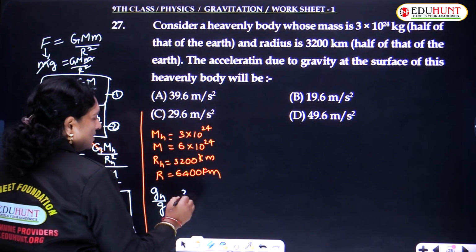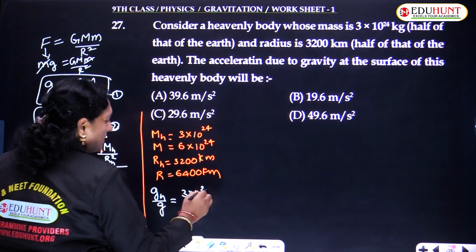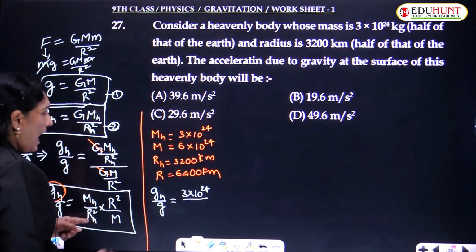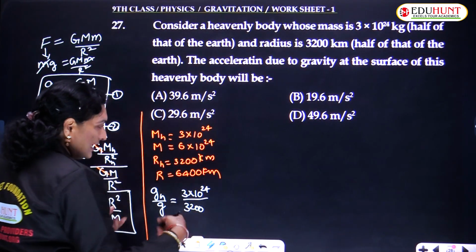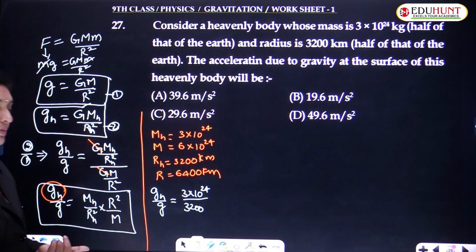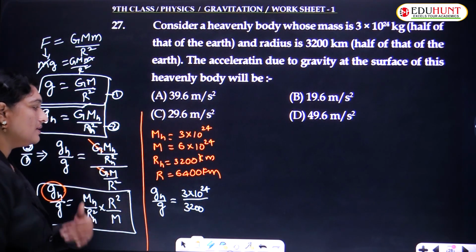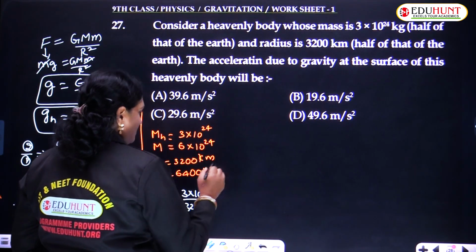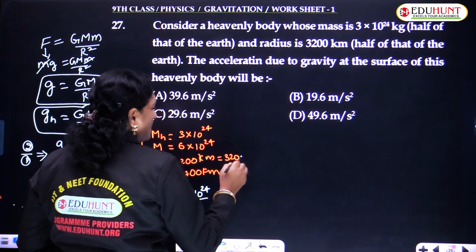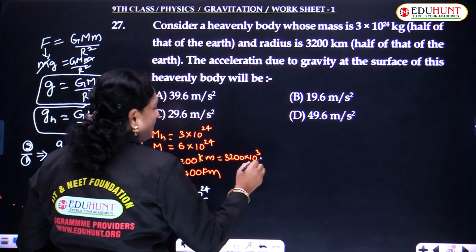What is MH? 3 into 10 power 24 upon RH. RH is 3200 kilometers. If you want, you can write it in meters also, it's up to you: 3200 into 10 power 3 meters.